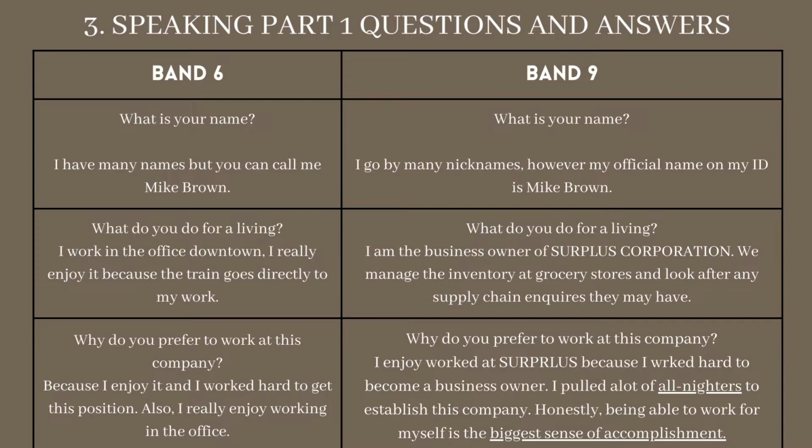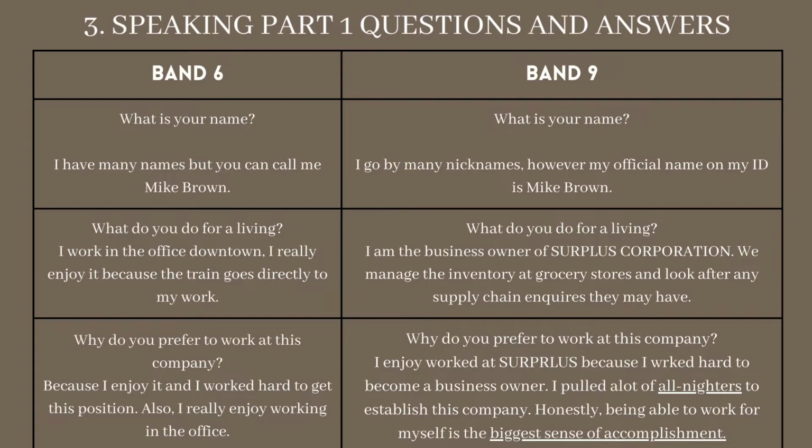As you see here, the choice of words I use are clear and related to the topics. I also used two amazing collocations that will help me score a high band: all-nighters and biggest sense of accomplishment. These words relate to the given topic, and they helped me flow the sentences together.